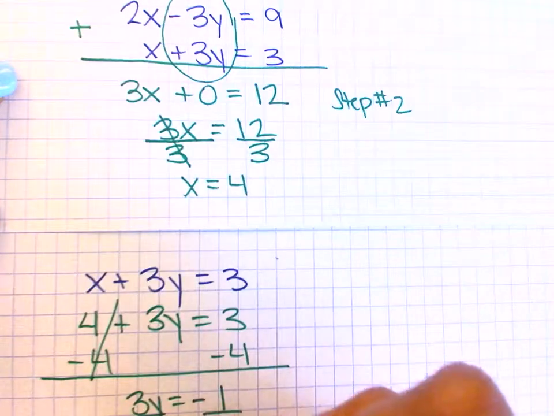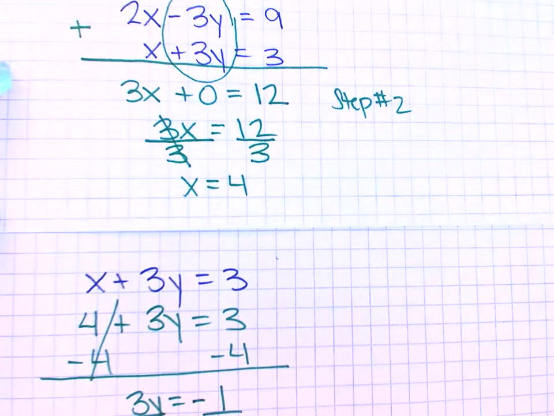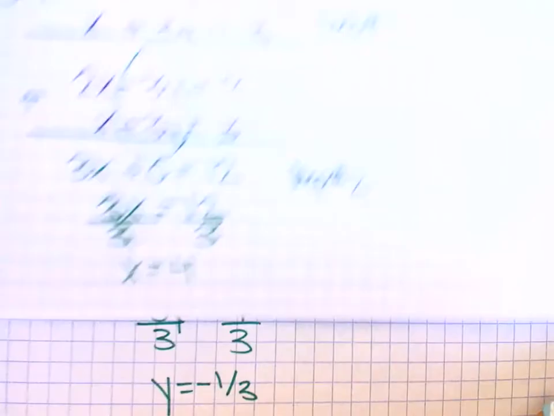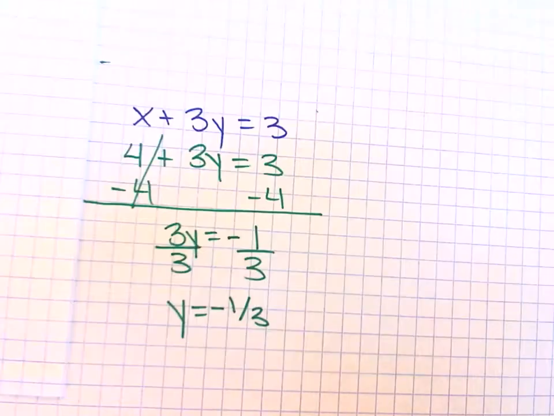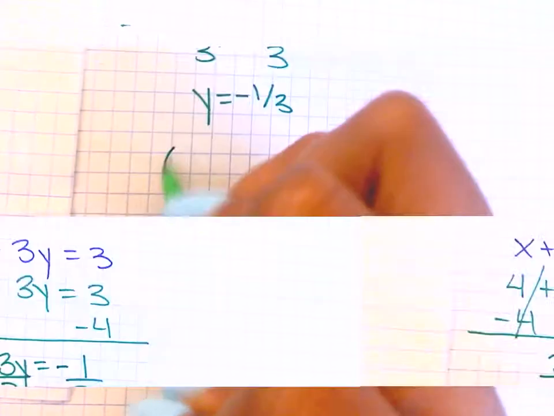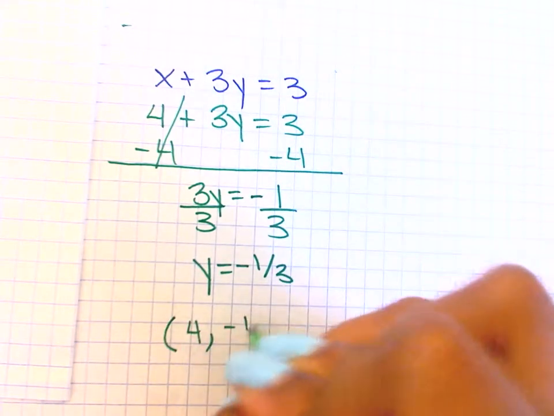Divide both sides by 3. y equals -1/3. So if I write it as an ordered pair, I have 4, -1/3.